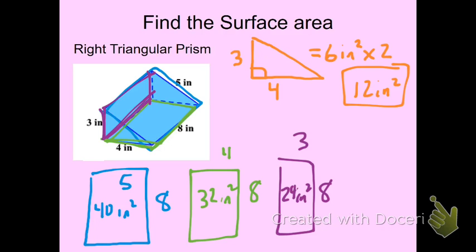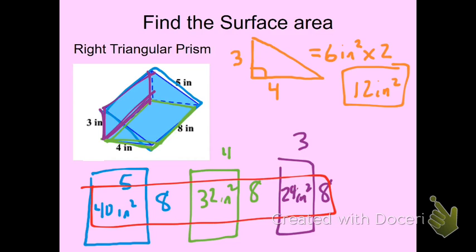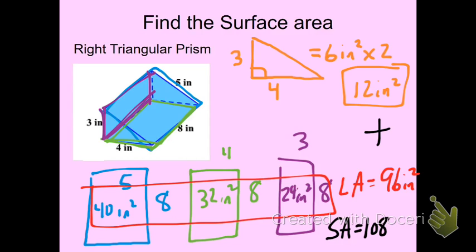So if I was just looking for the lateral area, I would add up these three numbers here. So the lateral area comes out to be 96 square inches. Okay, so for the total surface area, we're going to add the area of the two bases plus the lateral area, and we get that the total surface area is going to come out to 108 square inches.